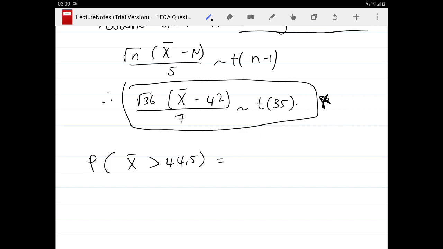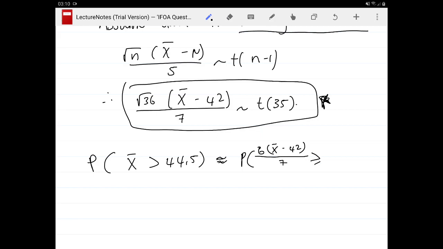So this is approximately the same thing. When we're using the approximation that x bar is somehow normal, from the central limit theorem, we can standardize our x bar in the correct way. We standardize it by taking x bar, minusing our mean, which is 42, multiplying by the square root of our n, which is the square root of 36, so I'm just going to put a 6 there, and dividing by usually our population standard deviation, but we're approximating that with our sample standard deviation, which is 7.